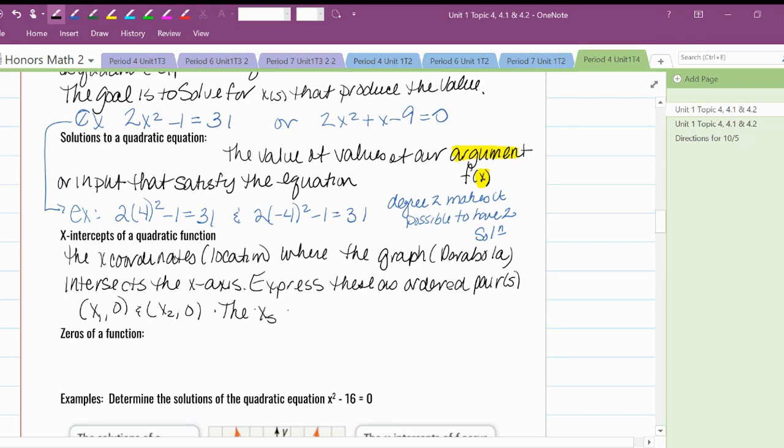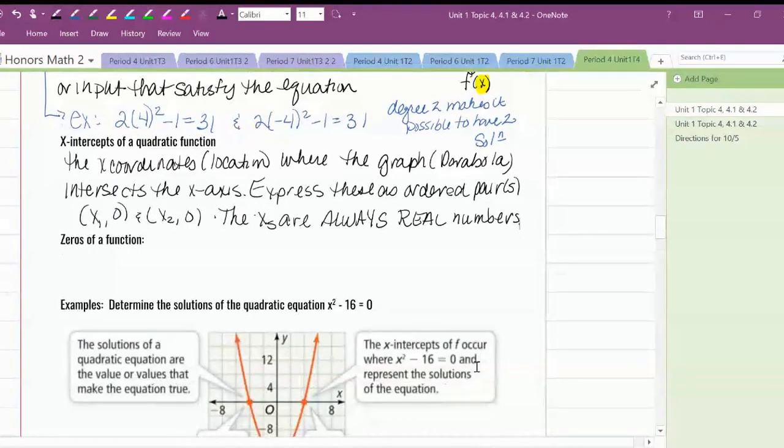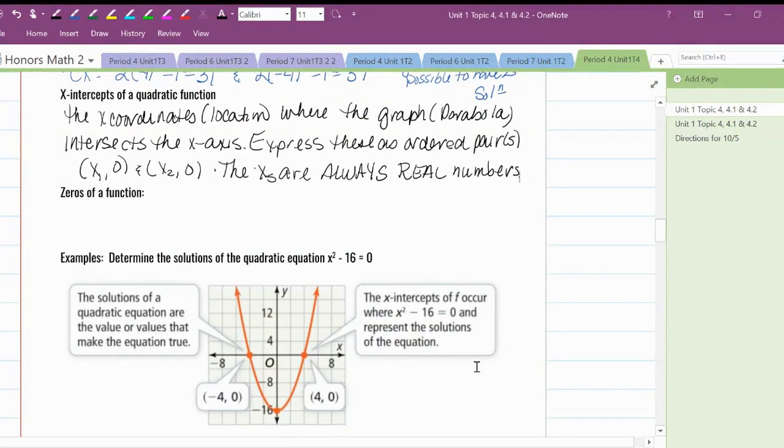The x's here are always real numbers. And when we get to our next lesson, you're going to see what I'm talking about here.